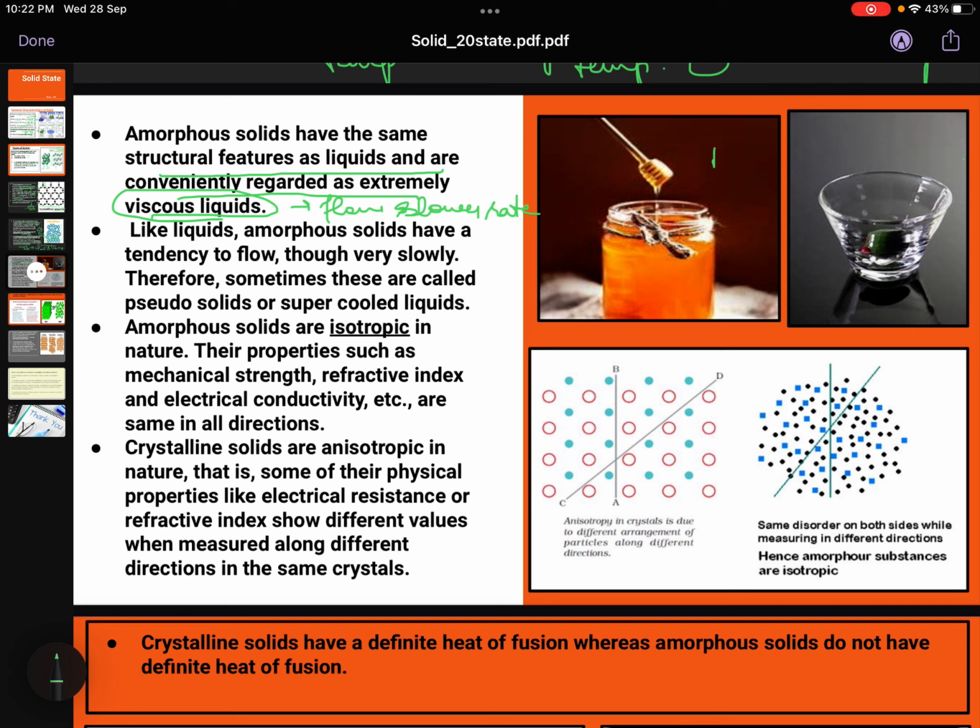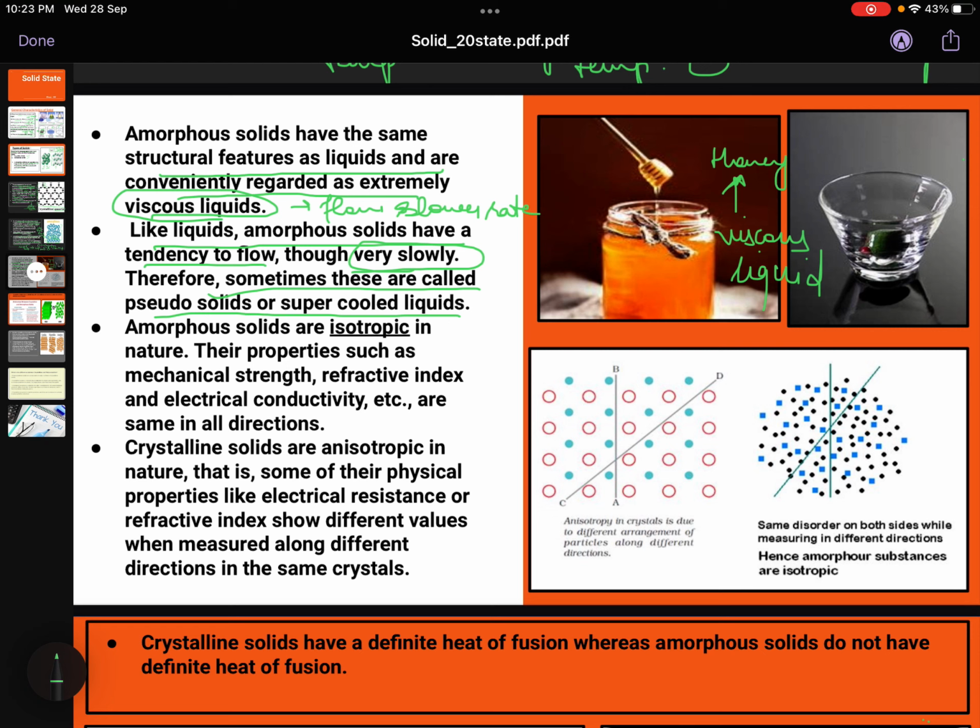Honey is an example of a viscous liquid, because it has the ability to flow, but it flows with some resistance. Like liquids, amorphous solids have a tendency to flow, though very slowly. Therefore, they are sometimes called pseudo-solids or supercooled liquids.